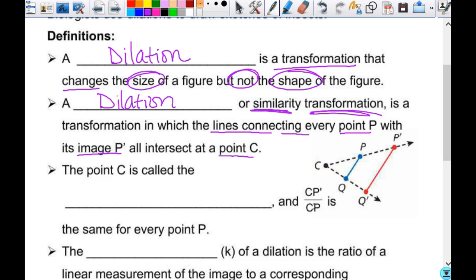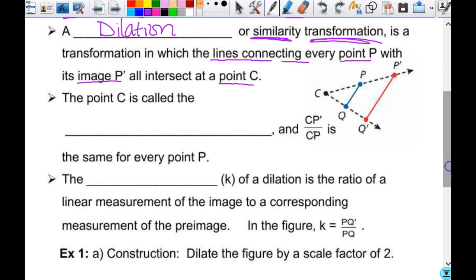And it says the lines connecting every point with its image all intersect at C. So if I connect P prime to P and Q prime to Q, do you see how they intersect right there? And if this was a triangle and a third point, when I connect those two, they end up right there as well. And that point C is called the center of dilation.